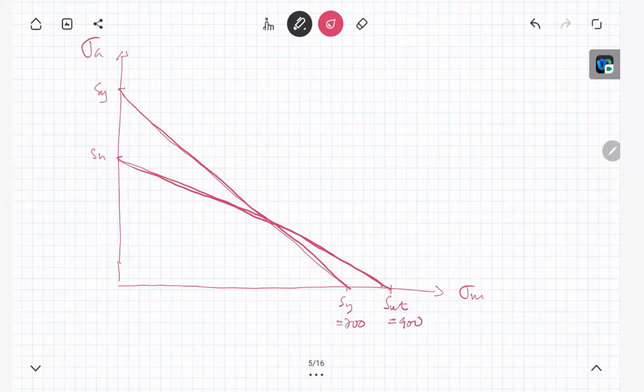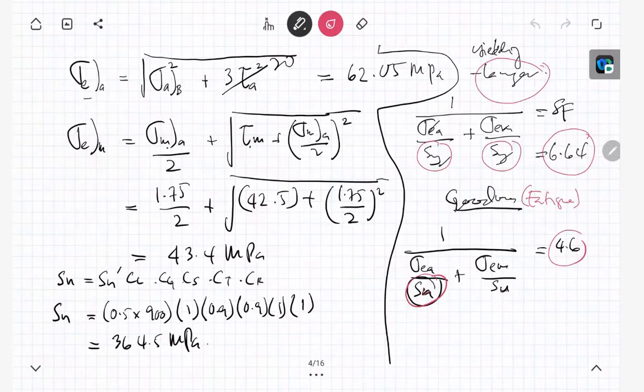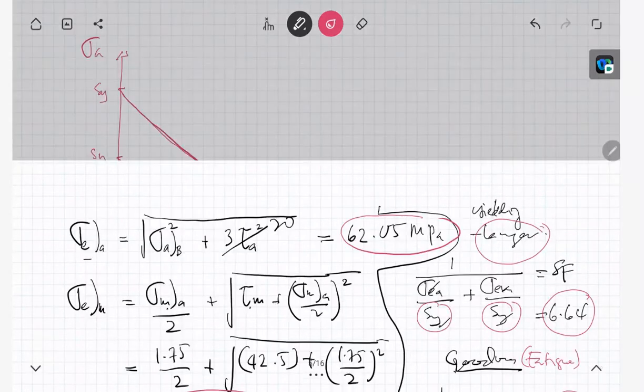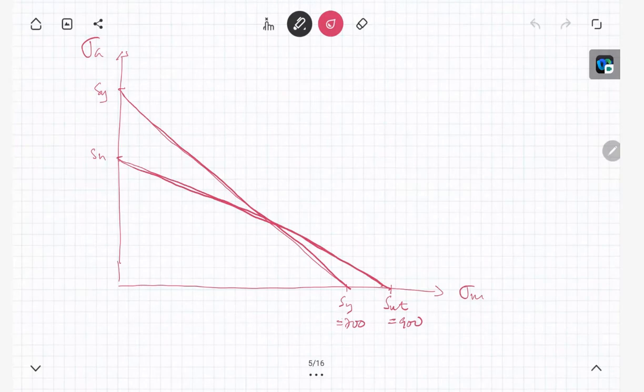And alternating is 62 and the mean is 43. So alternating is 62, somewhere here, let's say 62.